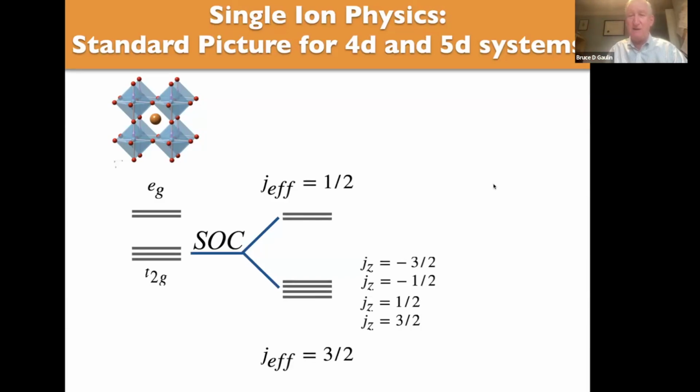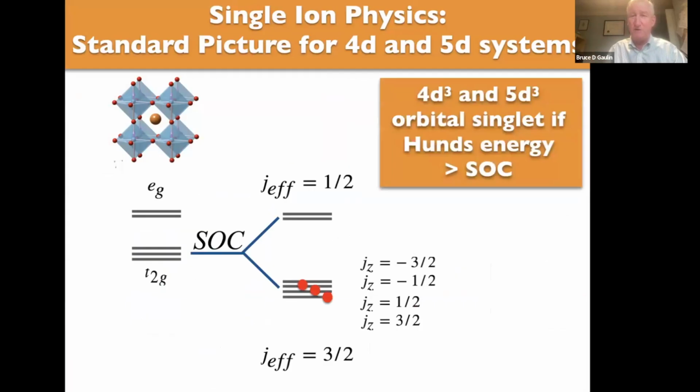I'm going to start with D3, which are in some ways, well, in almost every way, the simplest to understand, and that's because with 3 electrons in the d orbitals, you can actually take a step back here, and provided that the Hund's energy is sufficiently strong, the 3 electrons will half fill the T2G shell, and you'll end up with an orbital singlet and a big dipole magnetic moment of 3 Bohr magnetons.